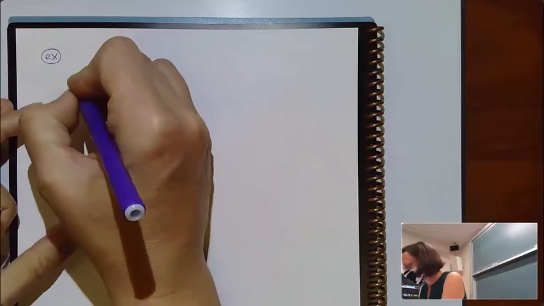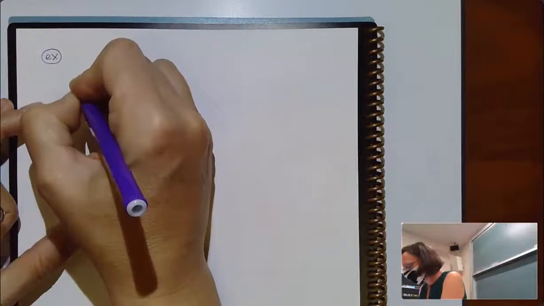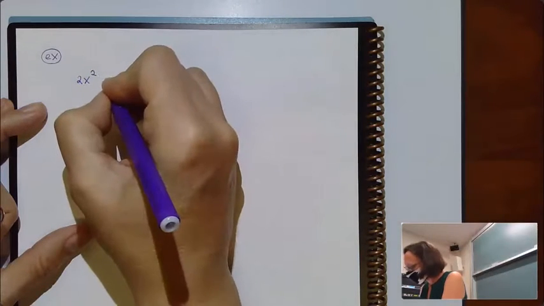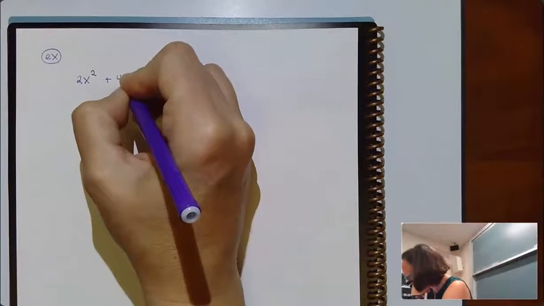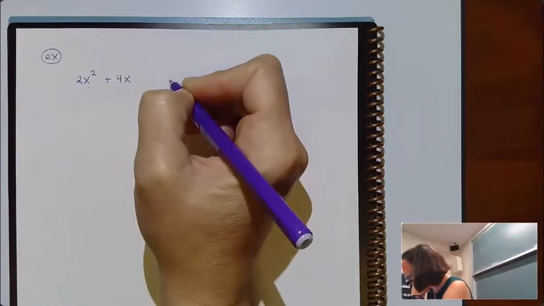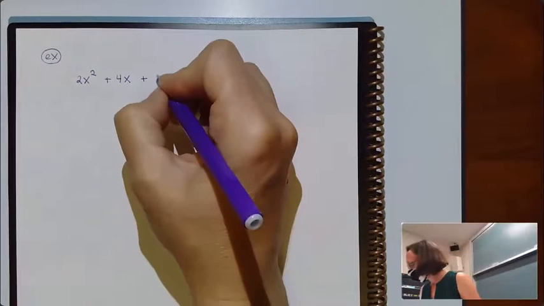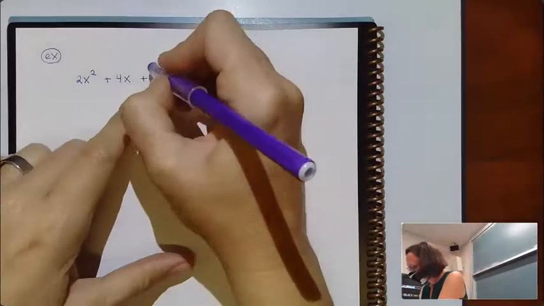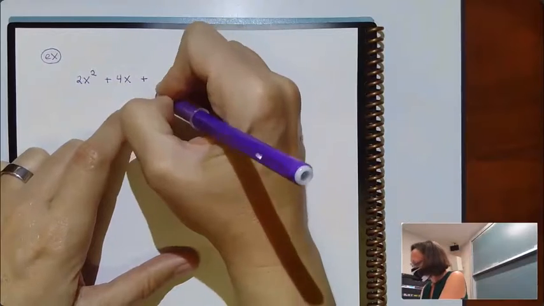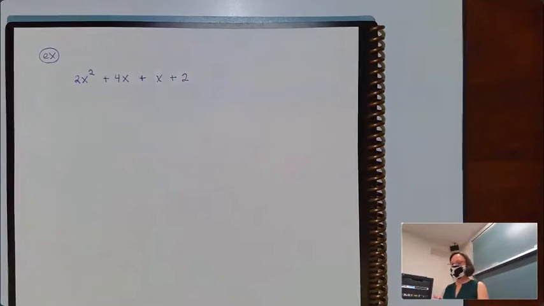So let's go with 2x squared plus 4x plus x plus 2. I think I got this.